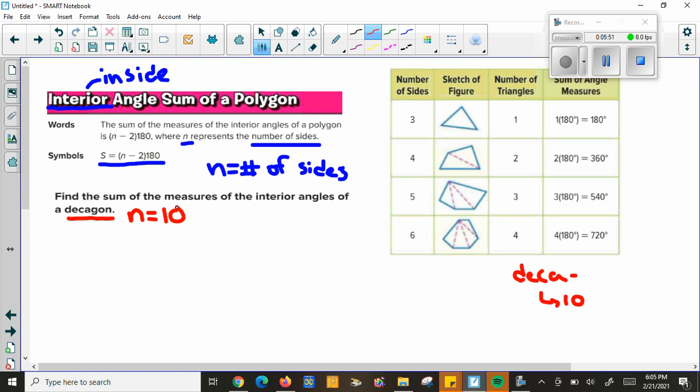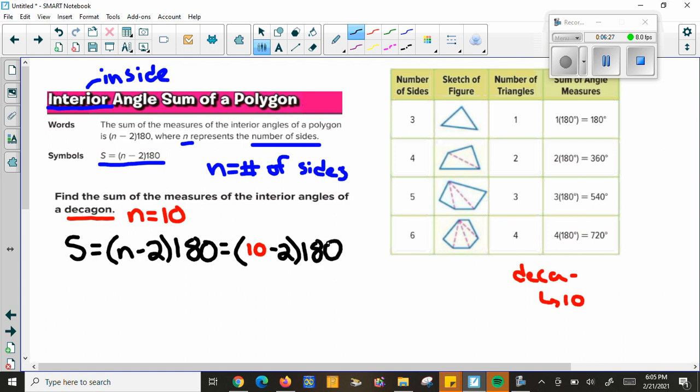So the n in my equation is going to be 10. I use the equation S is equal to n minus 2 times 180. I need to place the 10 where the n is, and then I can begin to solve.